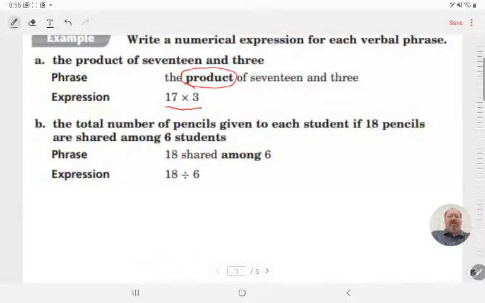Let's look at B. The total number of pencils given to each student if 18 pencils are shared among 6 students. So shared among. So we're dividing those pencils out, okay? So we could simply say the expression would be 18 divided by 6, okay? All right.